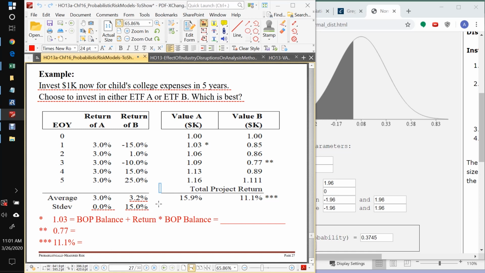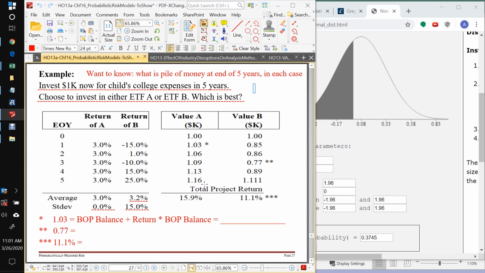So the way we want to measure performance in a case like this is to answer the question, something like this: what's our pile of money at the end of 5 years in each case?